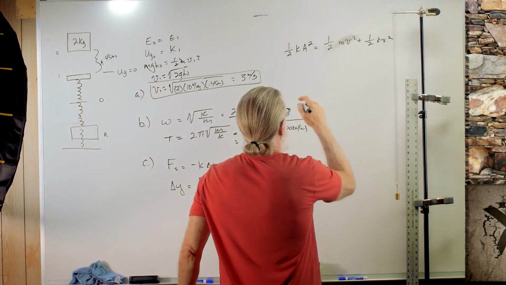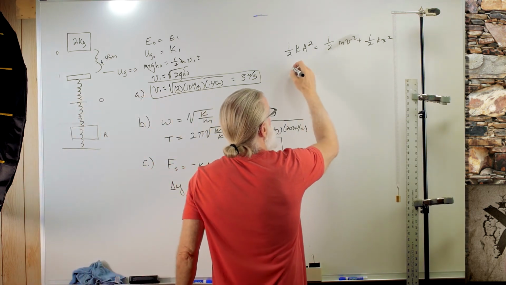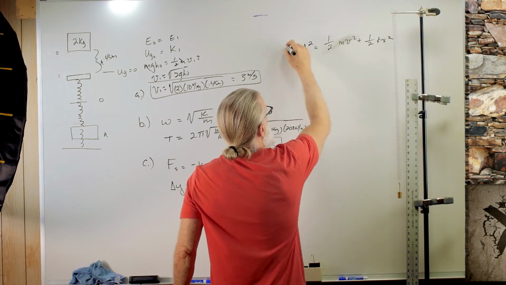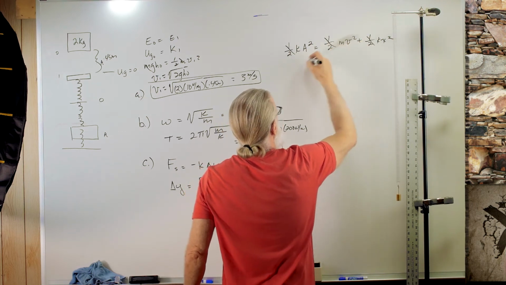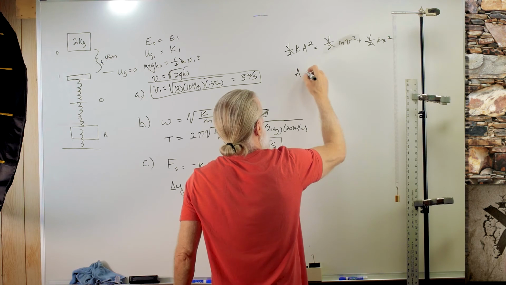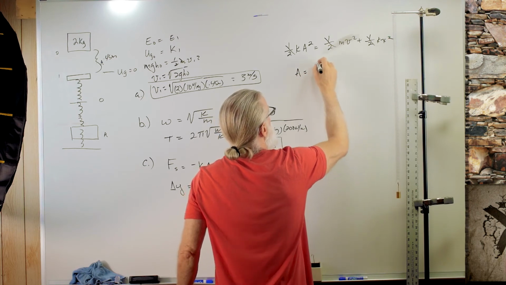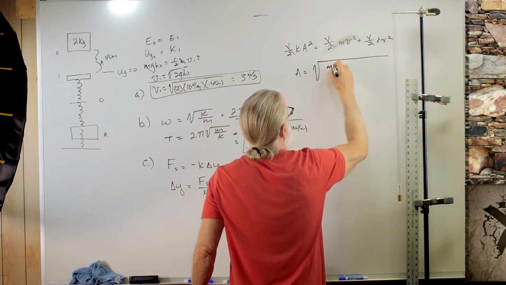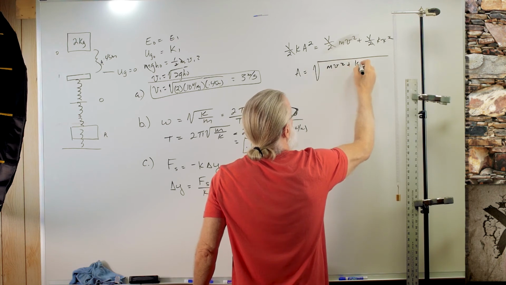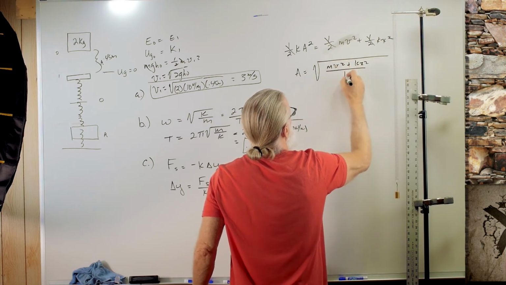All right, so let's solve this for A. Get rid of our 1/2s. And I got A equals the square root of mv squared plus kx squared all over k.